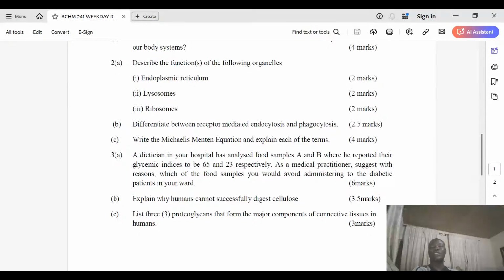So let me say it is the Michaelis-Menten constant.